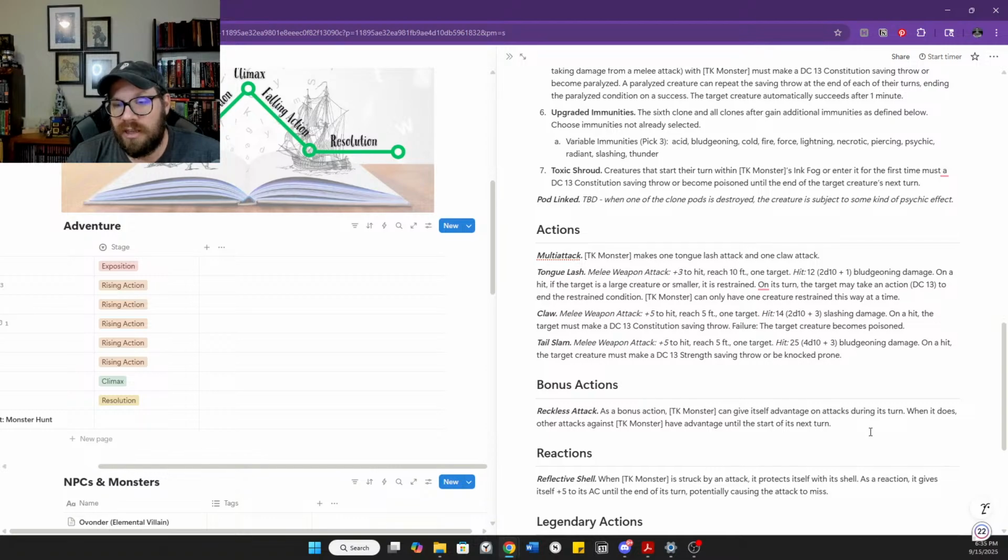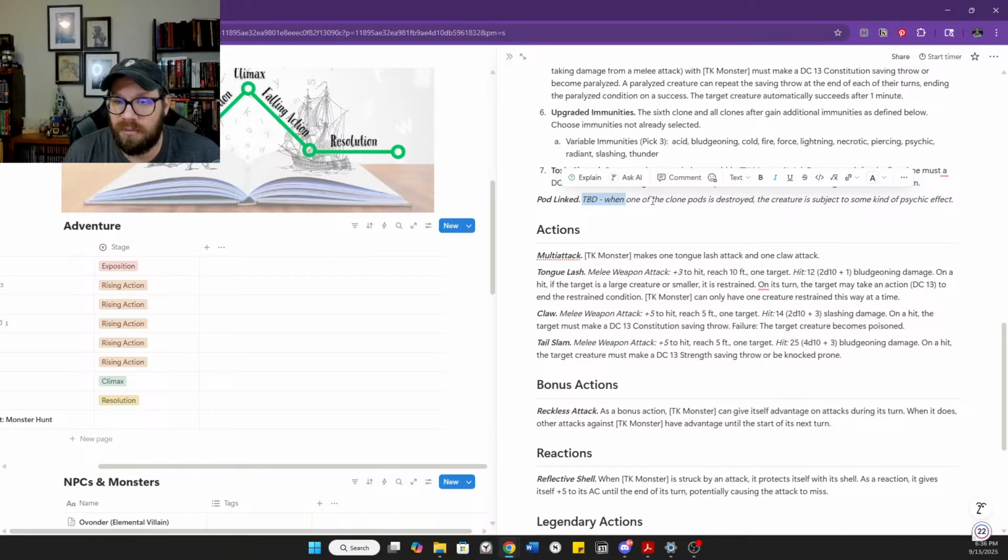Really giving the players a good reason to spend their characters' actions destroying these pods, without it being a completely OP kind of thing. So, unless there are any arguments to the contrary, and I would love to hear if you have other ideas, I think we'll run with a disadvantage bit here.